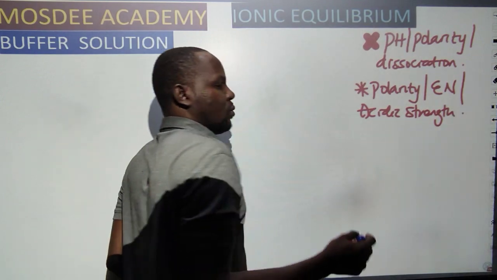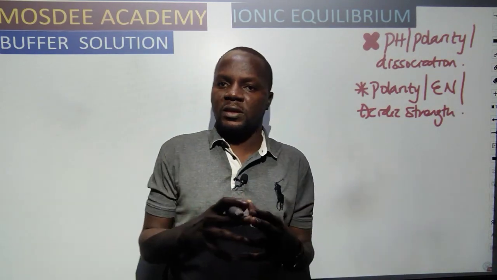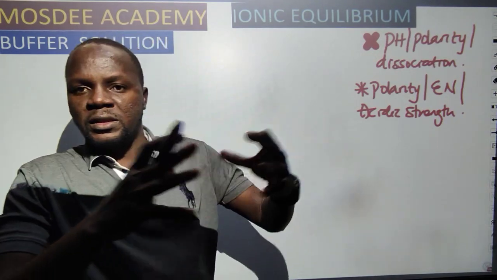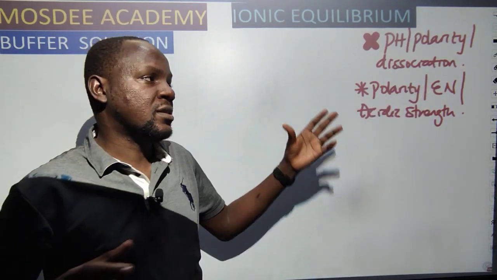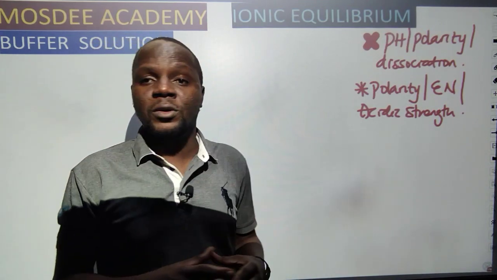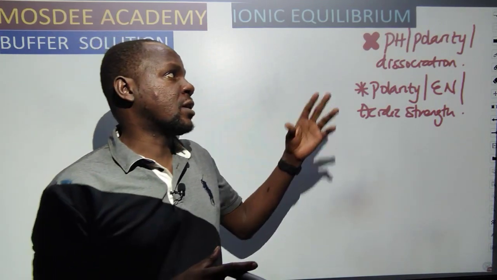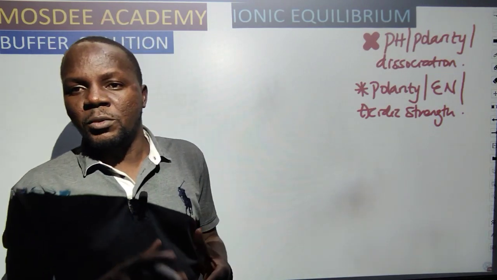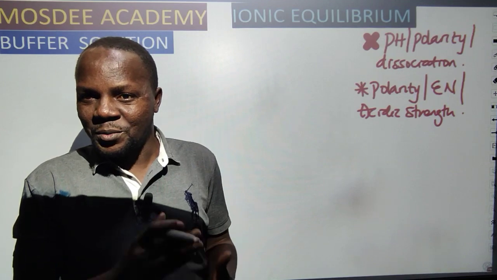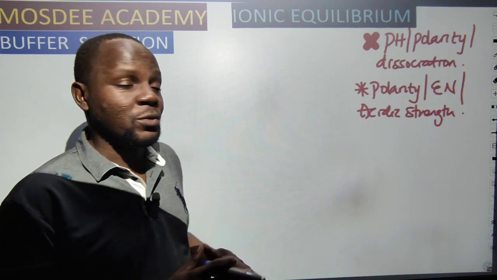What do I mean? We know the electronegativity definition was taught well in junior classes. So the more the increase in electronegativity, the more the polarity of an acid, and the more the strength of an acid. On dissociation, the weaker the bond, the more they dissociate, the more acid is formed, the more the acidic strength.